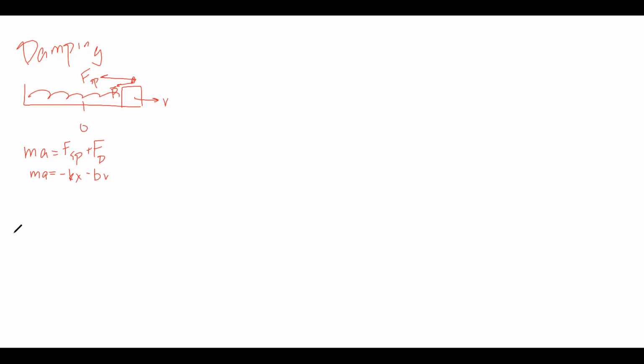So I'm going to rewrite this as m times the second derivative of position, d squared x dt squared, plus b times the velocity, which is dx dt, plus kx equals 0. This is the equation that governs a system that's oscillating but running down, slowly approaching rest.